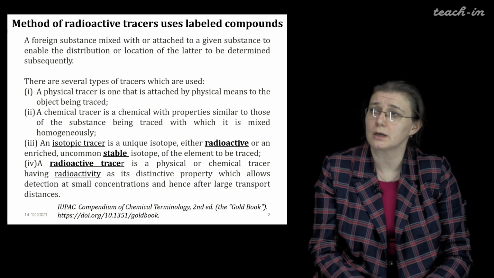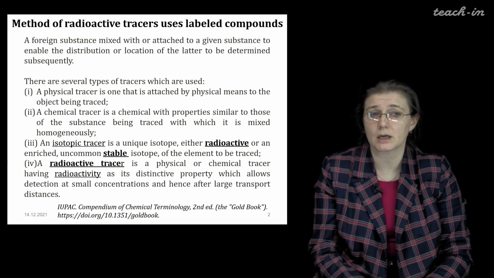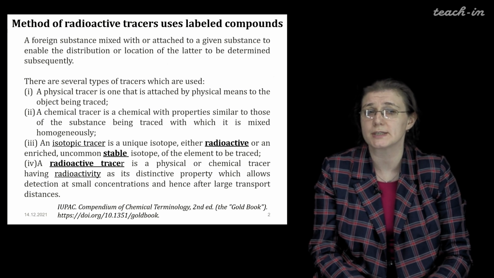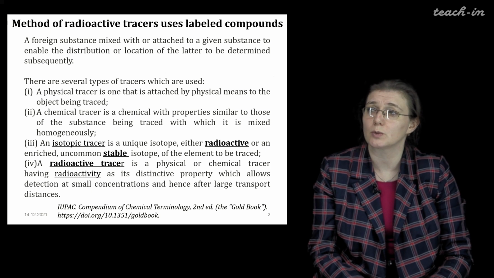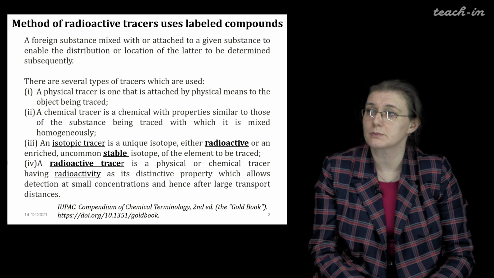The first type, a physical tracer, is one that is attached physically to the object being traced. The second type is a chemical tracer, a chemical with properties very similar to those of the substance being traced, with which it is mixed homogeneously. So a chemical tracer is just a mixture of labeled and non-labeled compounds.